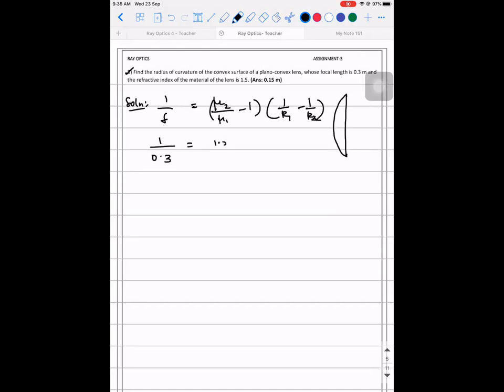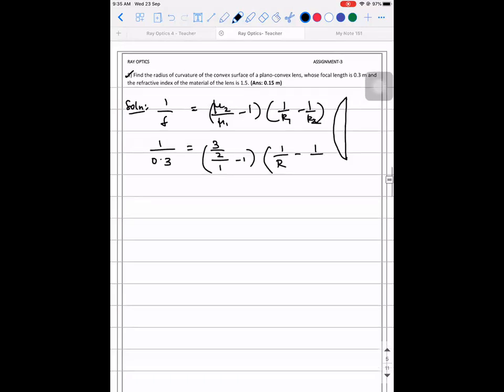Mu2 is 1.5, so that is 3 by 2, divided by 1, minus 1, into 1 by R1. If I take R1 as R, minus 1 by, tell me what is R2? Infinity. Very good.